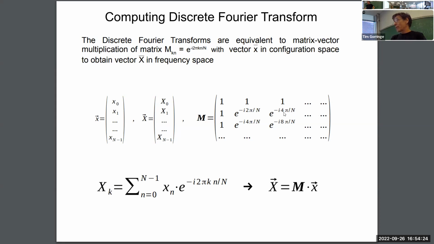And the next one will be minus i 6 pi over uppercase N, and so forth. And that continues on with the next row. So in the next row, k is 2. So everything from the row directly above is now multiplied by 2. So instead of a 2, we get a 4. Instead of a 4, we get an 8, and so on and so forth. So that's the pattern of the matrix.